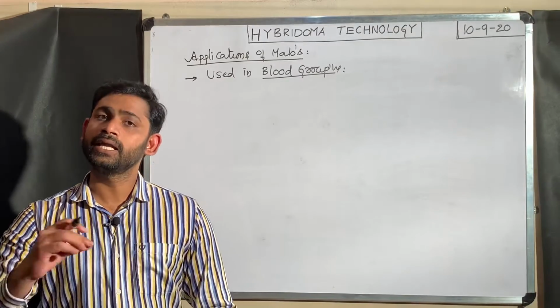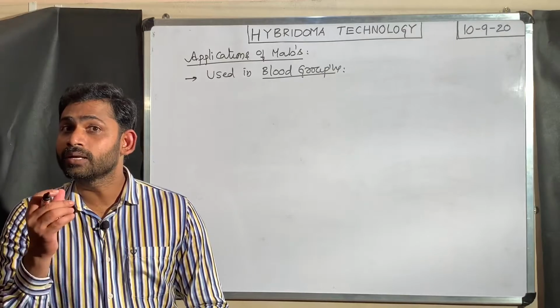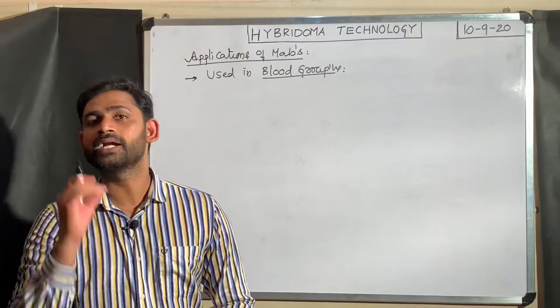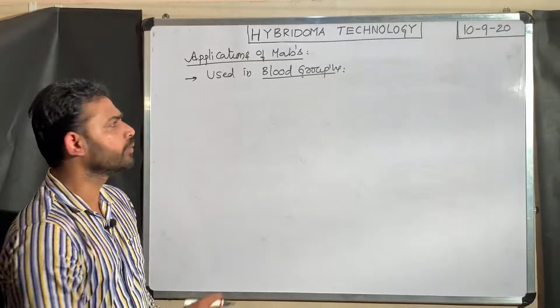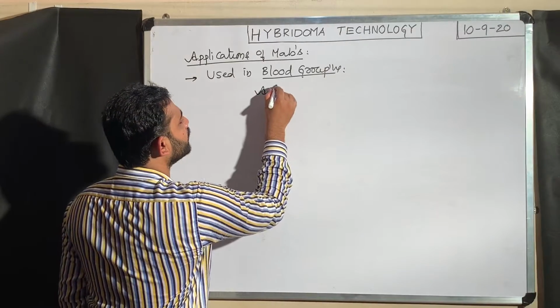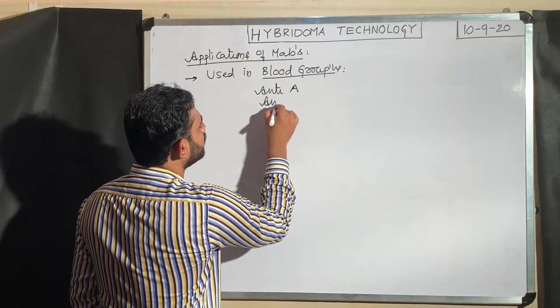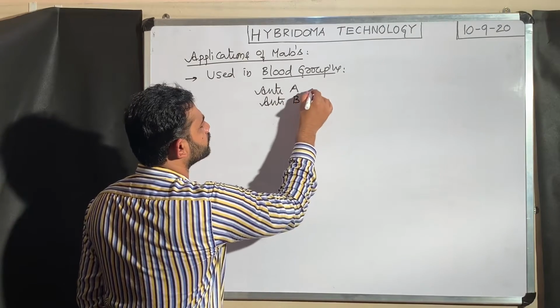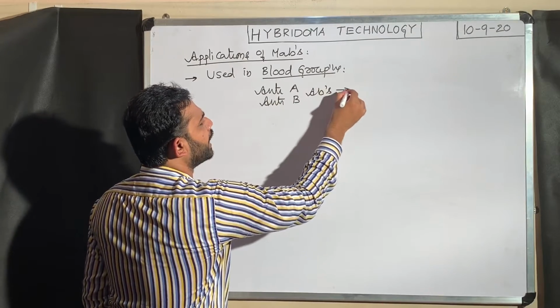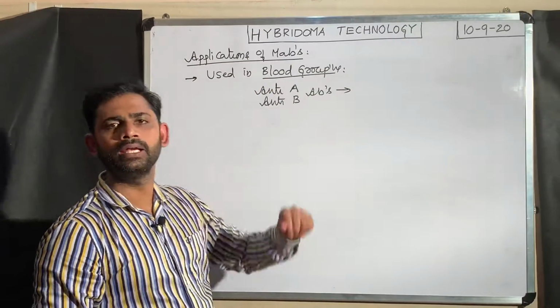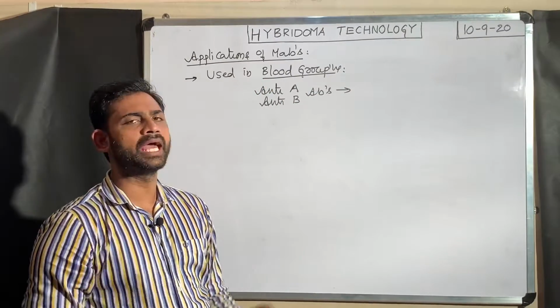Antiserum contains antibodies, and those antibodies are monoclonal antibodies. In blood grouping, we are using anti-A antibodies and anti-B antibodies, which are monoclonal.